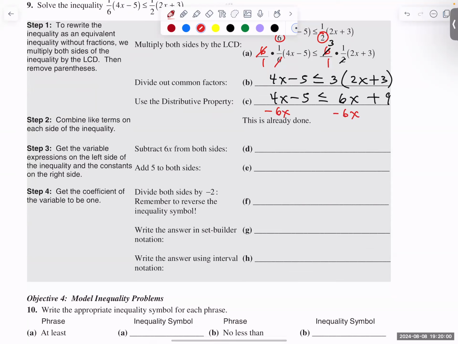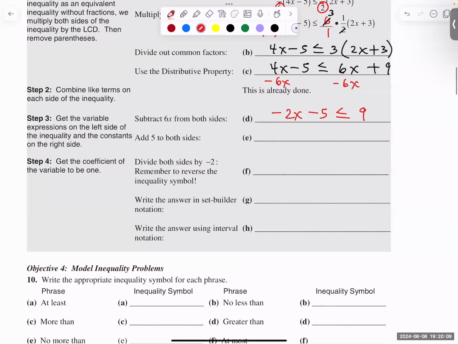So we get negative 2x minus 5 is less than or equal to 9. To get the variable term isolated on the left side, we can add 5 to both sides. So we get negative 2x is less than or equal to 9 plus 5 is 14.